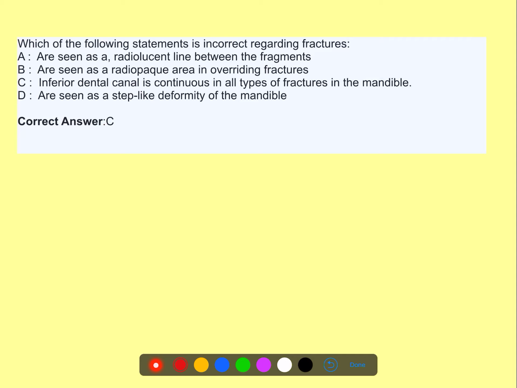Which of the statements is incorrect? You have to read properly, that is incorrect regarding the fractures. So this is regarding the radiographic features of the fractures. There are 4 types of features.